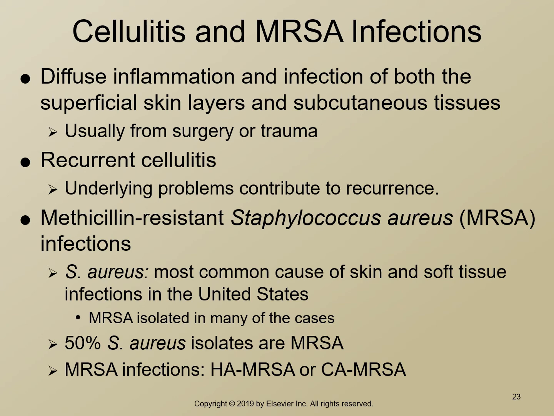So cellulitis is a diffuse inflammation and infection of superficial skin layers and subcutaneous tissue, and it's a common form of skin and soft tissue infection that accounts for many hospitalizations and physician visits each year.